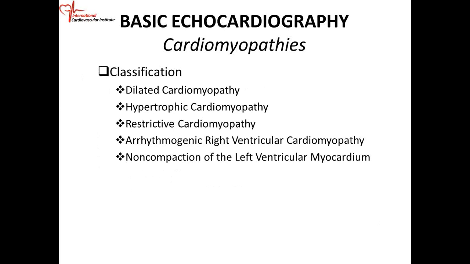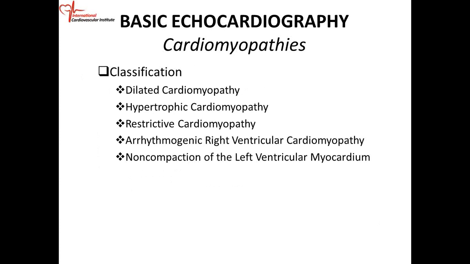And then another common cardiomyopathy we call arrhythmogenic right ventricular cardiomyopathy, where the right ventricle, the right side of the heart, is infiltrated by fibrofatty tissue. And as you know, fat does not contract, so you're going to lose your heart muscle function on the right side. And those patients tend to develop arrhythmia, ventricular tachycardia, ventricular fibrillation.